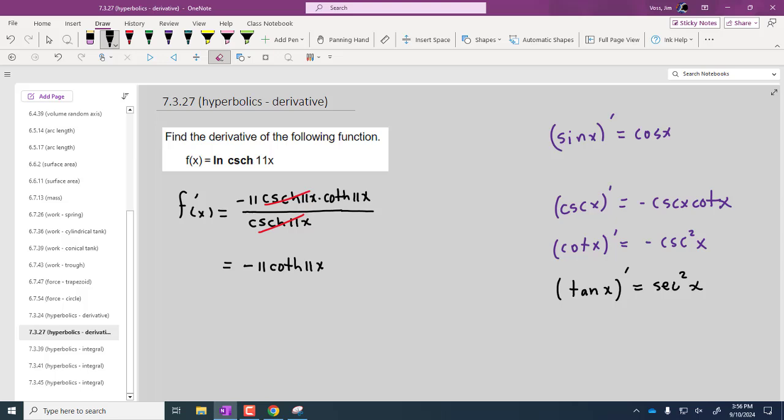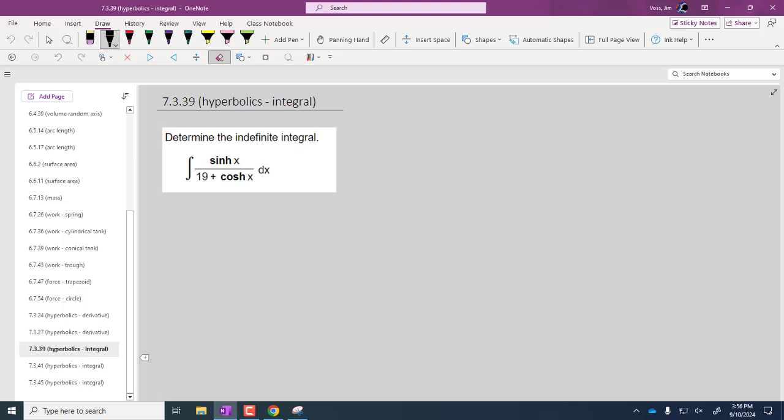Okay, so let's go to another hyperbolic with an integral. What format is this one in? Log form? If you recognize that it's in log form, you can cut right to the chase. It's in log form, so we're going to get the natural log, absolute value of the denominator, plus c.